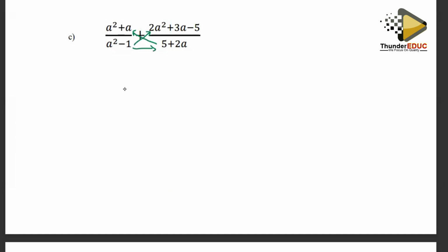So what is this going to become? I'll have a squared plus a, multiplied by 5 plus 2a, plus, will I have enough space there? It's not going to work, the space.